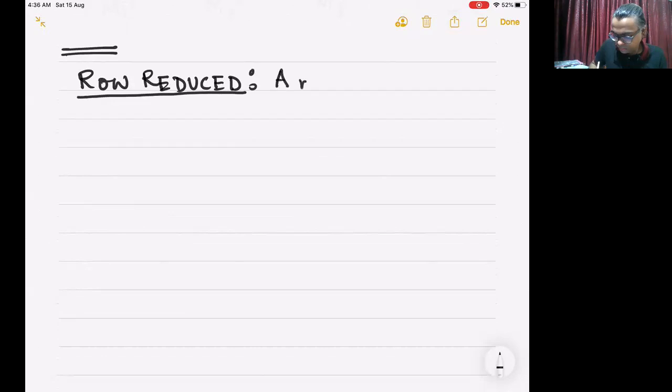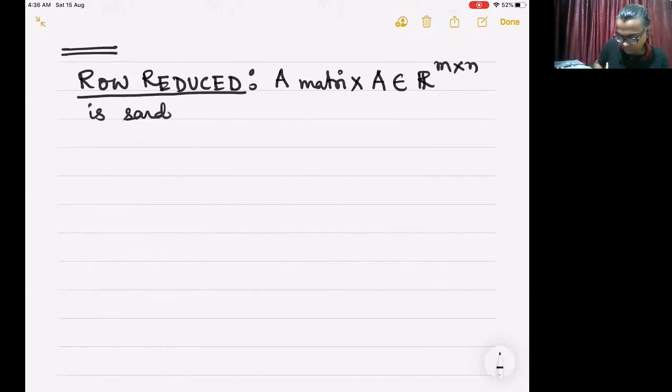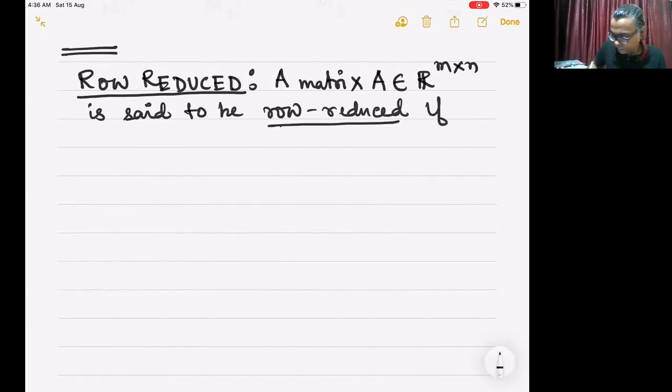A matrix A is said to be row reduced if, number one, all these properties have to be satisfied.